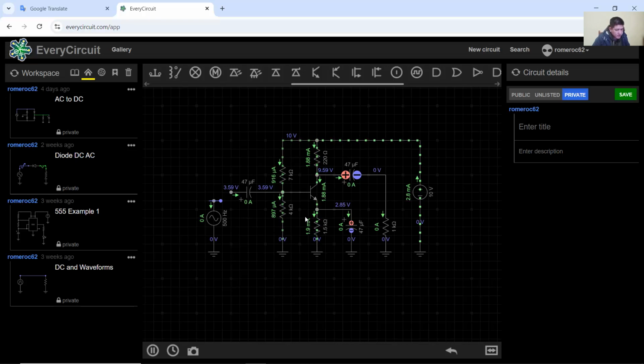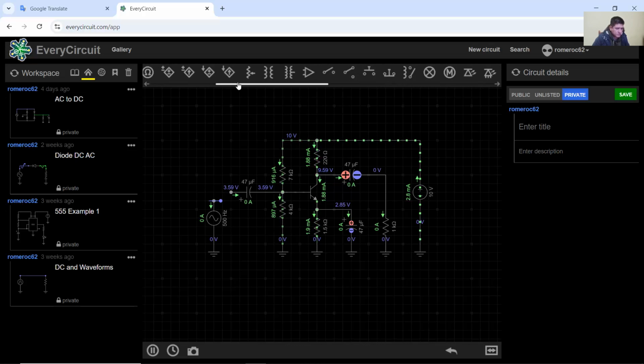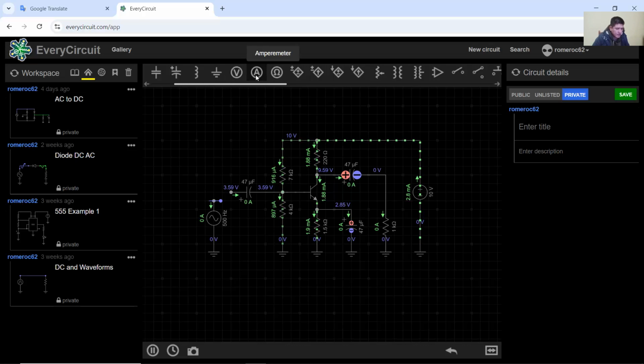Okay, and on the base I don't know the current in the base, so I will add this ampere meter. Okay, ampere meter.